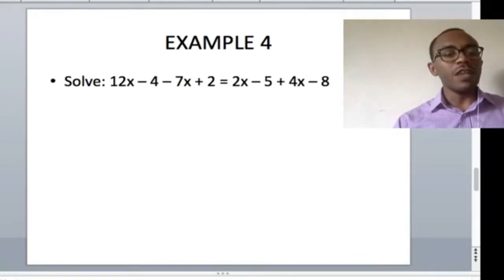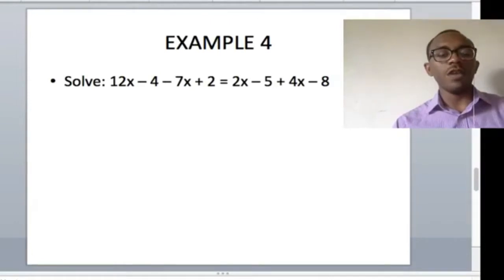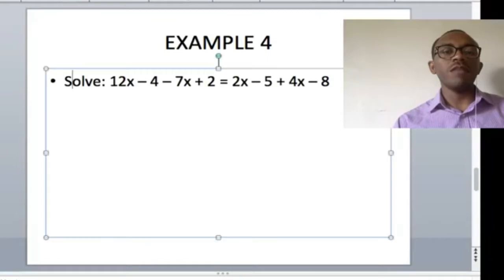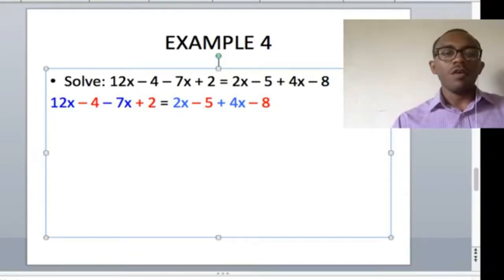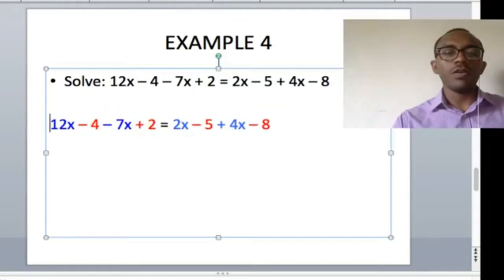Now, if we read carefully, we can see that we have multiple x's on both sides. So an easy thing to do, I'm going to label it for you so it can be easier for you to see. So I rewrite it over there. What did I do? I put everything similar in the same color.